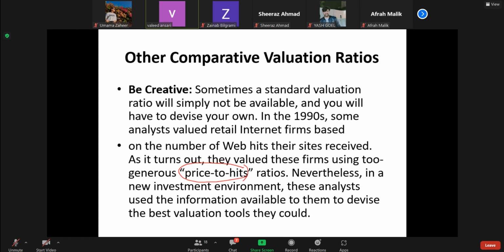The next thing I talked about was the absolute valuation of a company in isolation, and then we discussed relative valuation against what other peers in the industry are doing: market value to book value, price to cash flow, price to sales, price to hits. They are all used to understand valuation. But price to sales also has a limitation.